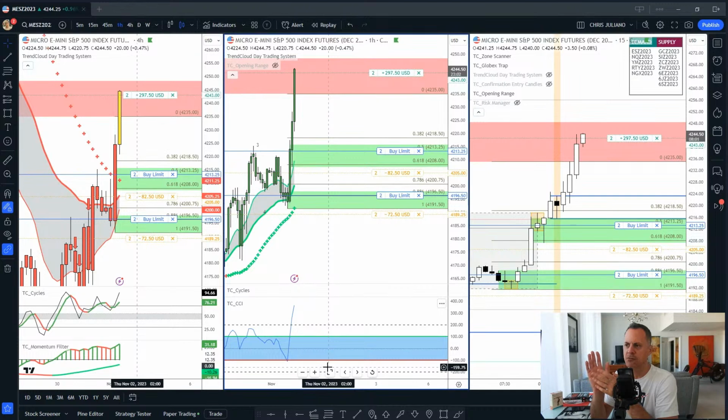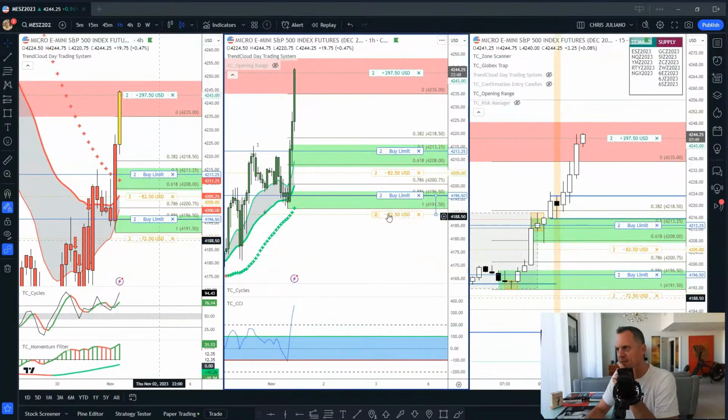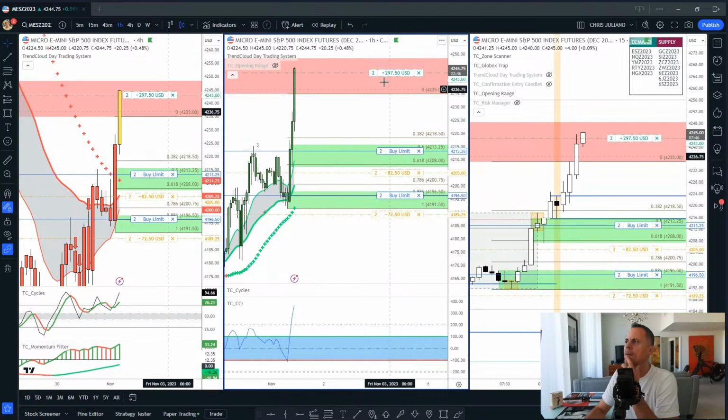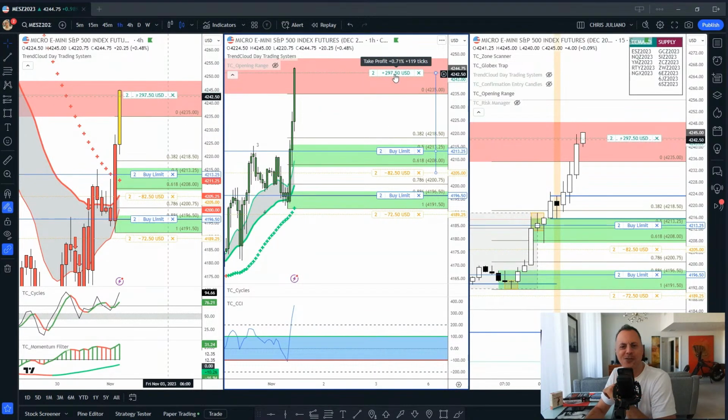You think of your trading account in terms of percentages, right? What percent am I going to make for myself on my money today? You got to think about it both ways. Usually we only think about percent risk, like, I don't want to lose more than 1%. And then we look at dollars on the profit, like, man, I really want $1,000 today. When you should be looking at what's the account size and what is the percent I'm going to make on my money on that account? 3%, 5%.